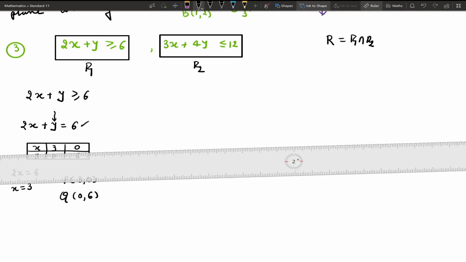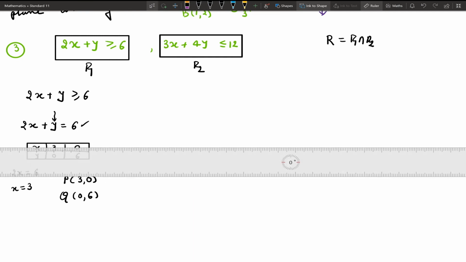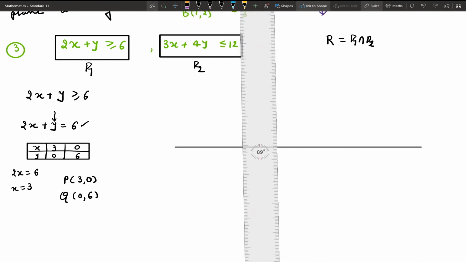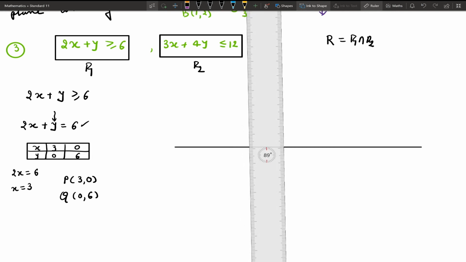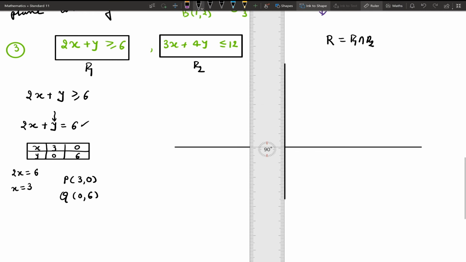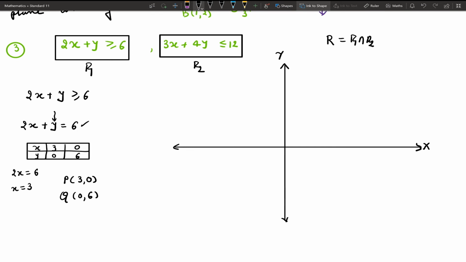So now we draw this line. This is the x-axis, y-axis, point P 3, 0.